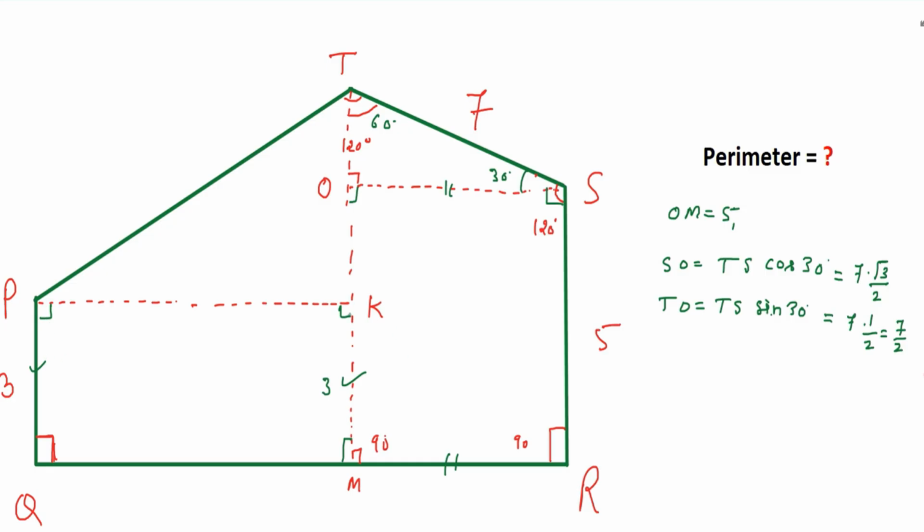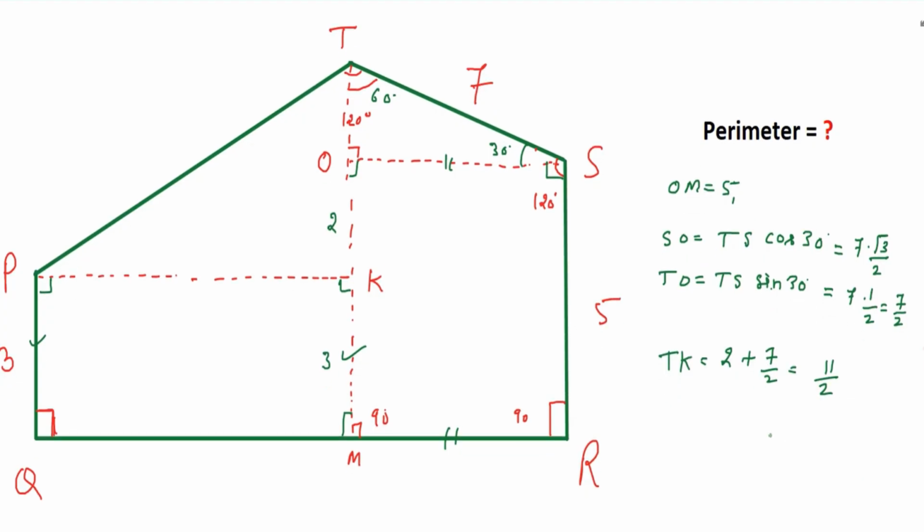So if KM is 3 units of length and OM is 5 units, that means OK will be 2 units of length and OT is in fact 7 divided by 2. That means TK will be 2 plus 7 divided by 2, that is 11 divided by 2.